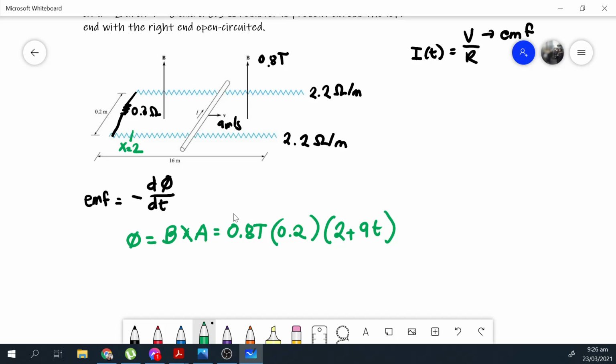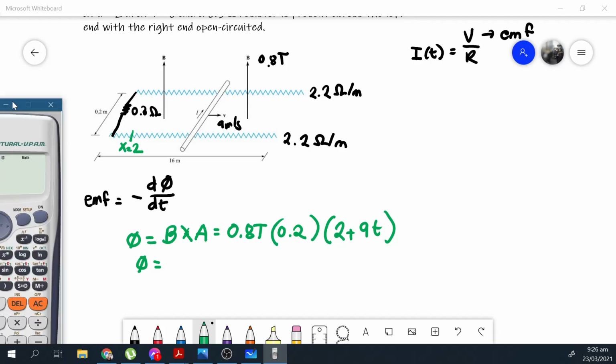Okay? So, therefore, we now have the flux, which is equivalent to 0.8 multiplied by 0.2 times (2 plus 9t). Let's use the calculator to simplify this problem.